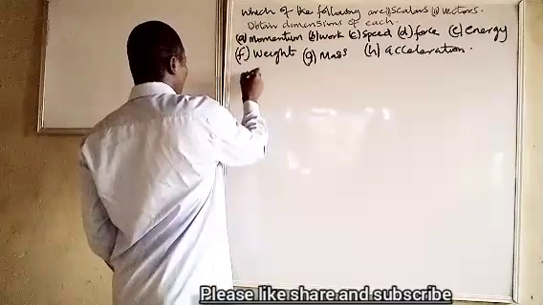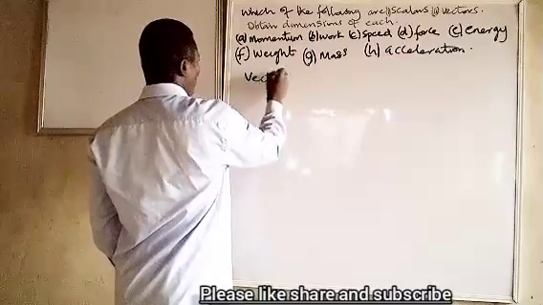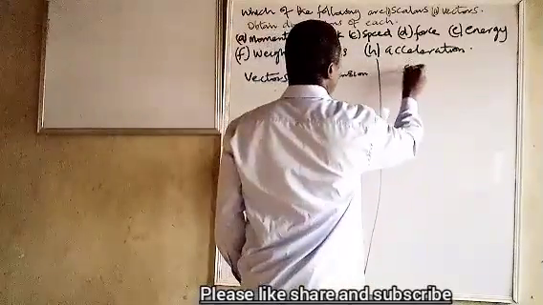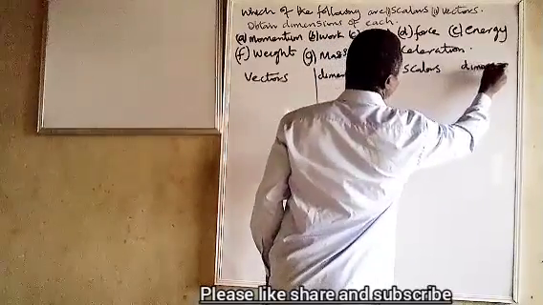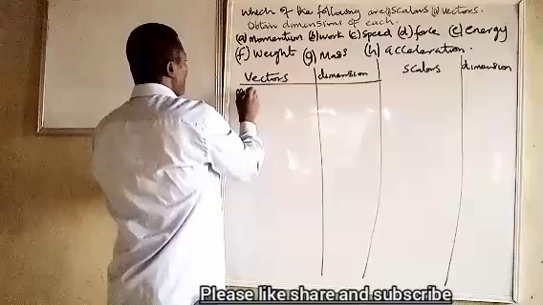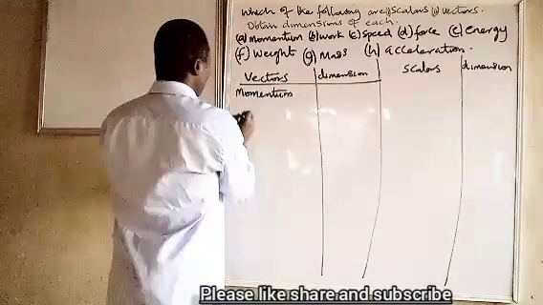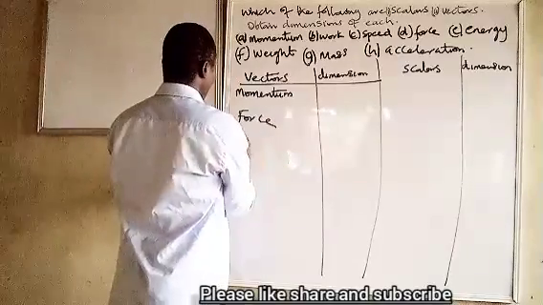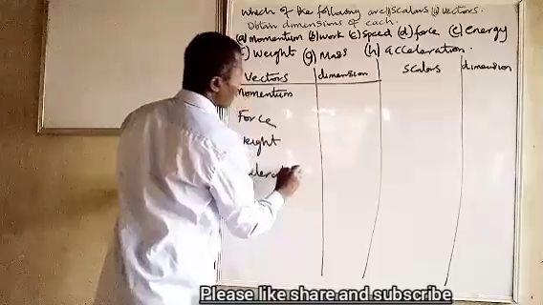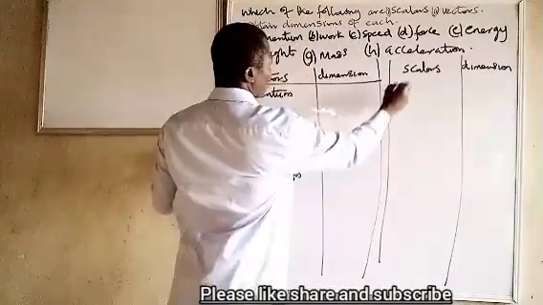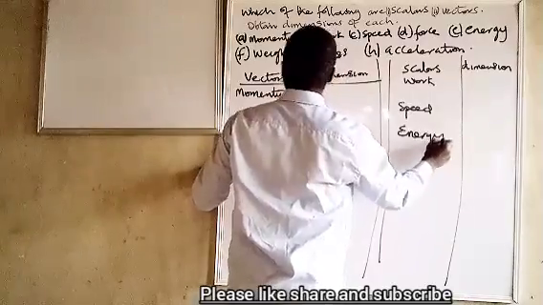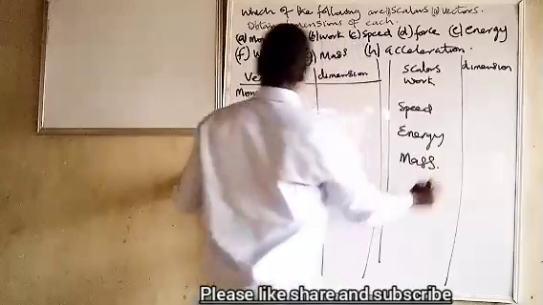Under vectors we have momentum, force, weight, and acceleration. Under scalars we have work, speed, energy, and mass. So very easy to go by.